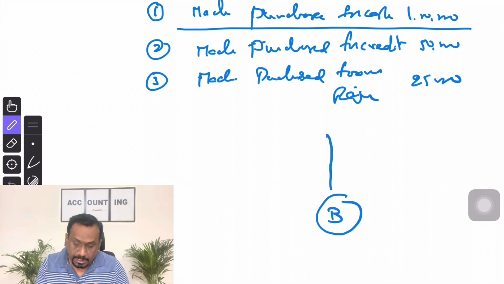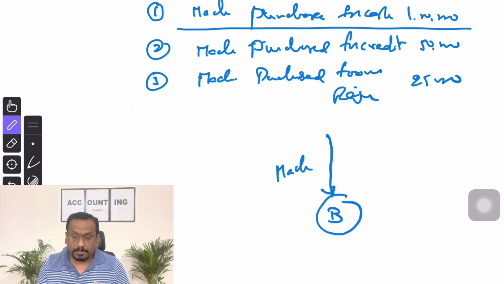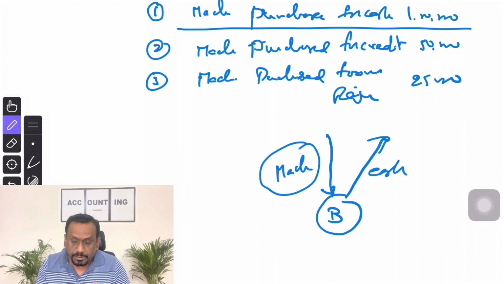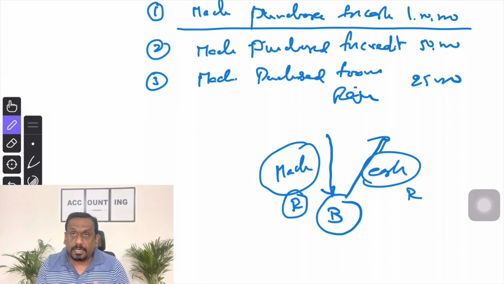When we purchase machinery for cash, what comes in? Machinery comes in. What goes out? Cash goes out. Machinery is an asset, so it comes under real account. Cash also comes under real account because this is also an asset.